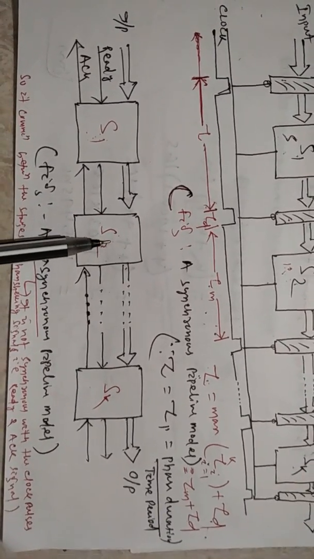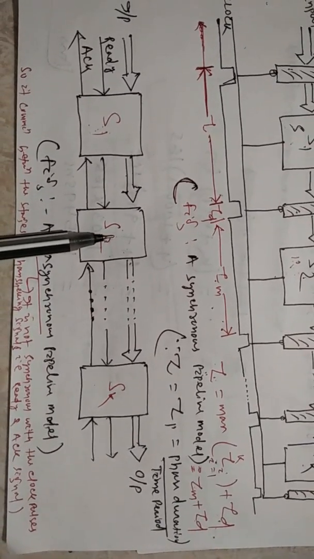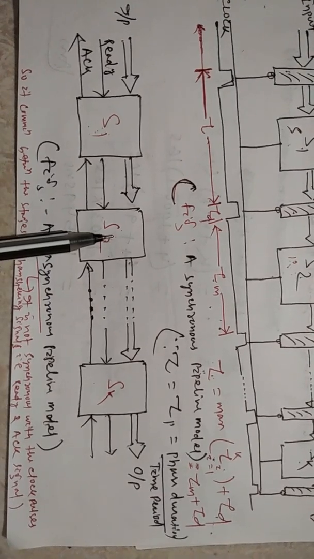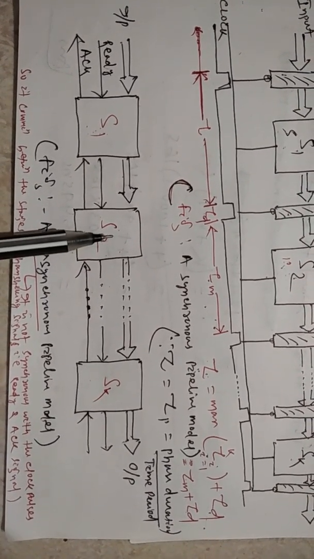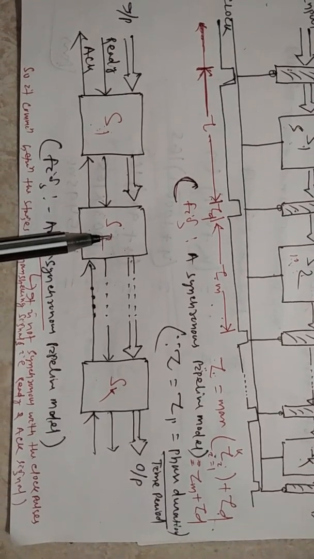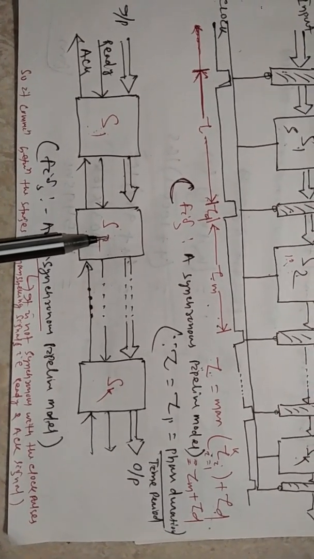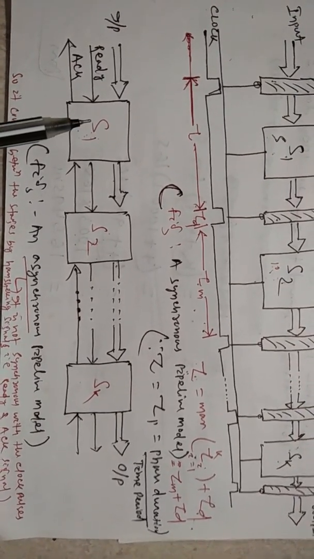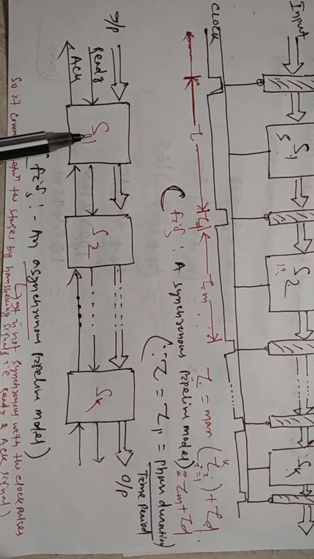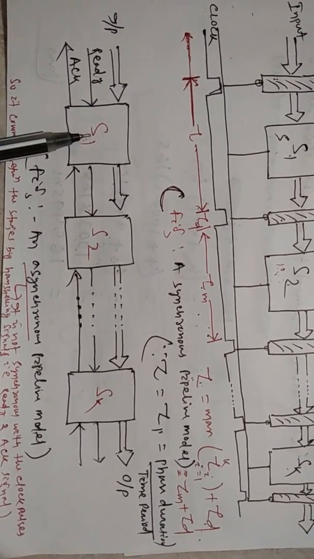At that time, the other stage analyzes the signal, and if it is ready to receive the output of the previous stage as input, it gives a signal to the previous stage, and that is called the acknowledgement signal.